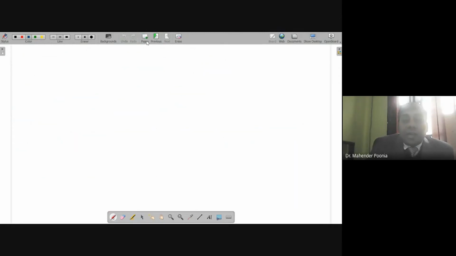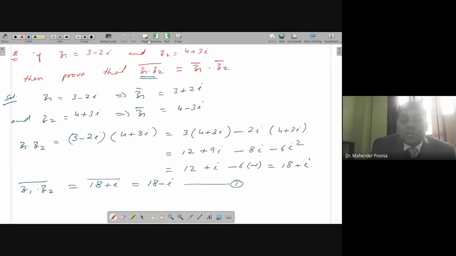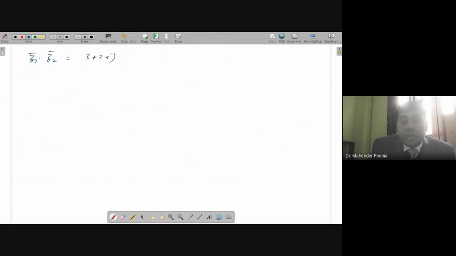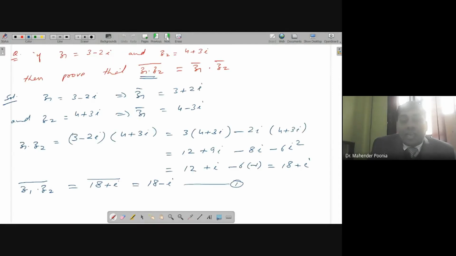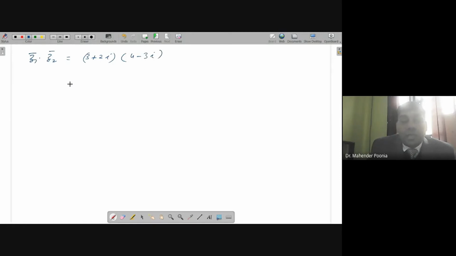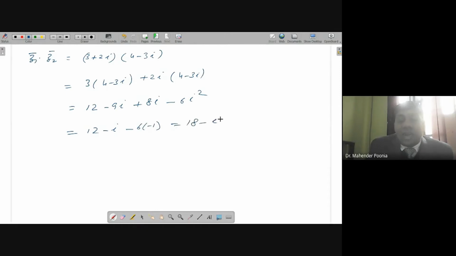And in the next part we have to find Z1 conjugate into Z2 conjugate, which is equal to Z1 conjugate, 3 plus 2 iota, and Z2 conjugate, 4 minus 3 iota, is equal to 3 into 4 minus 3 iota plus 2 iota into 4 minus 3 iota, 12 minus 9 iota plus 8 iota minus 6 iota square, which is equal to 12 minus iota minus 6 into minus 1, is equal to 18 minus iota.